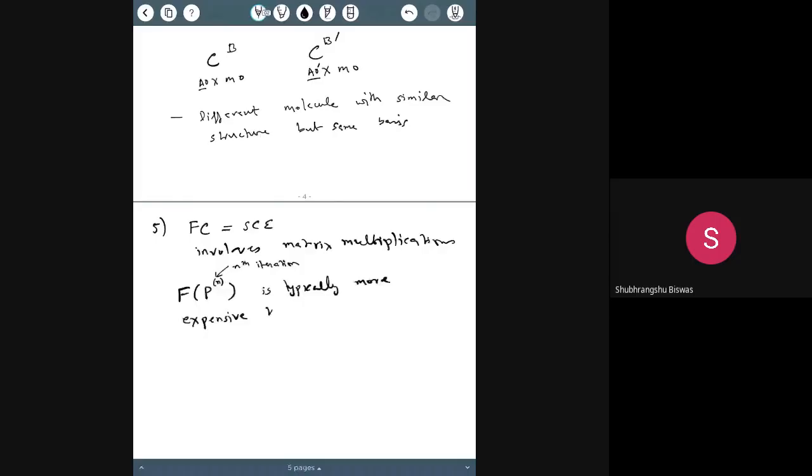So constructing F from P for the nth iteration is typically more expensive than the matrix multiplications involved in the Hartree-Fock equation.